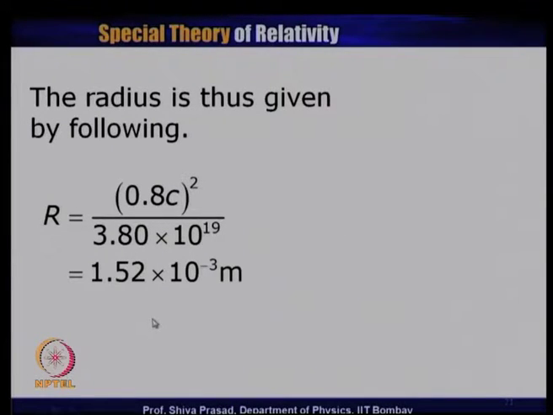So, this must be the radius. As we have seen, this is a comparatively simple case where acceleration is in the same direction as the force, and the only difference to take into account relativity is that instead of using m naught, I have used gamma u m naught.